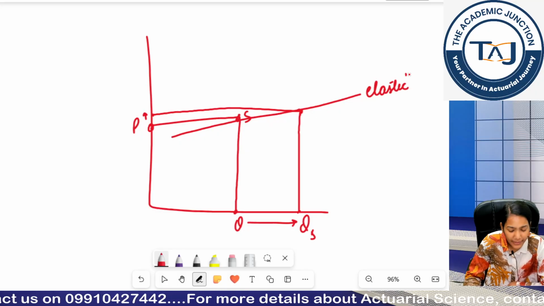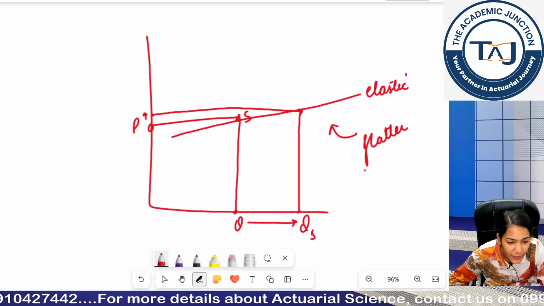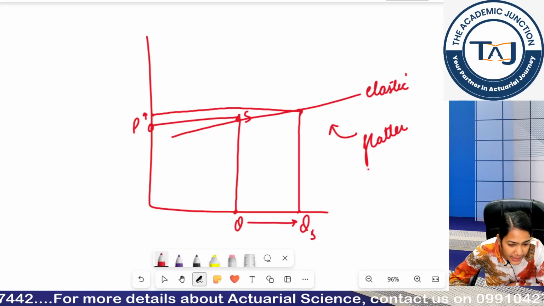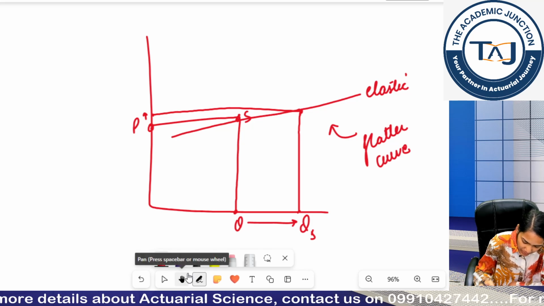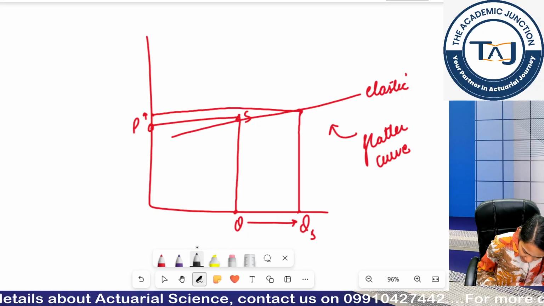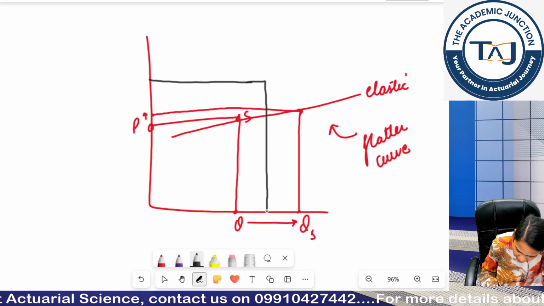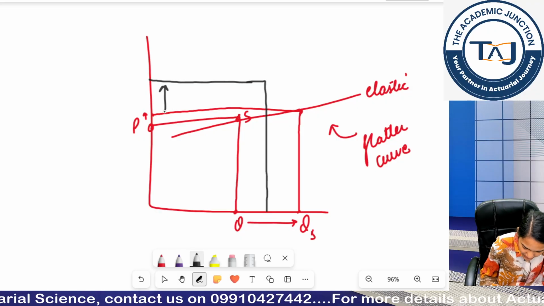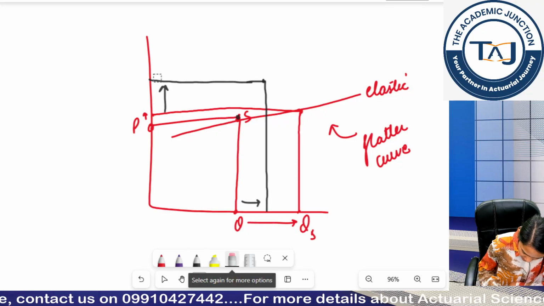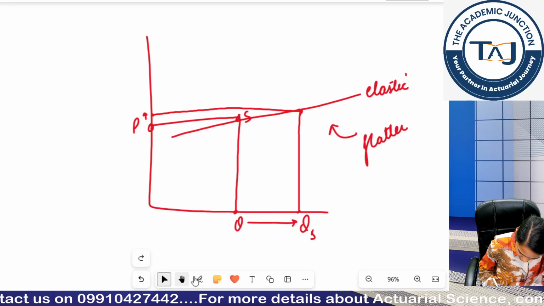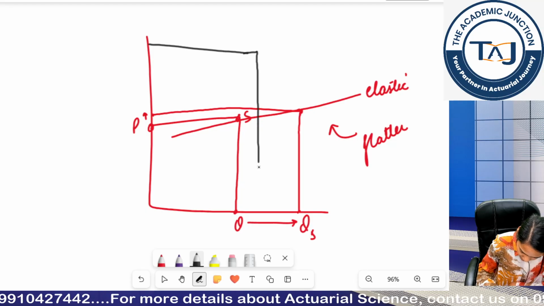Okay. Again, this is a flatter curve, and I told you, flatter the curve, higher the elasticity. If I talk about the steeper one, for example, with a huge change in price, I am getting only a small change in quantity supplied.